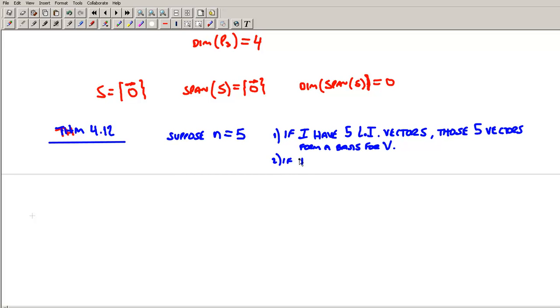And number 2, if I have 5 vectors that span V, then those vectors will form a basis.